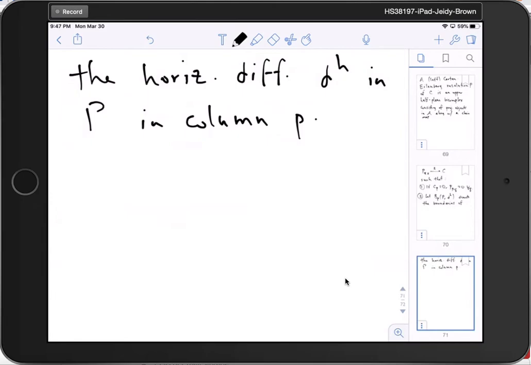Okay, so I'm just thinking of one column of the horizontal boundaries in my bicomplex. So you should think of these as lying over the pth entry in our complex C.